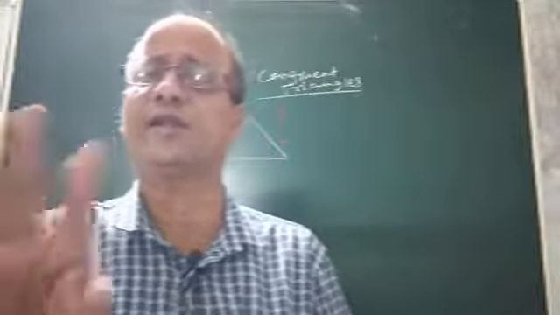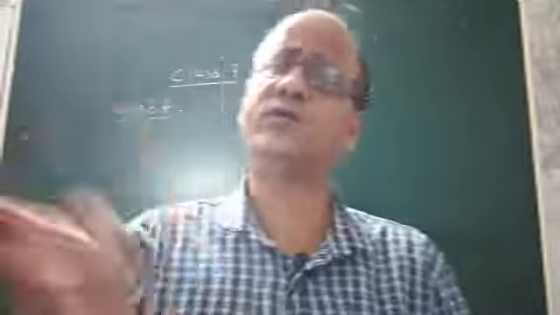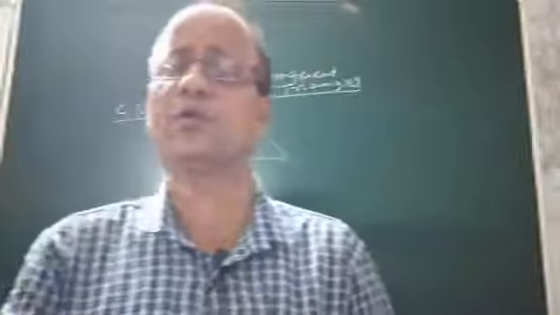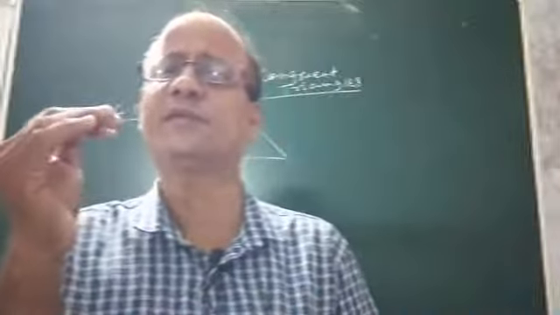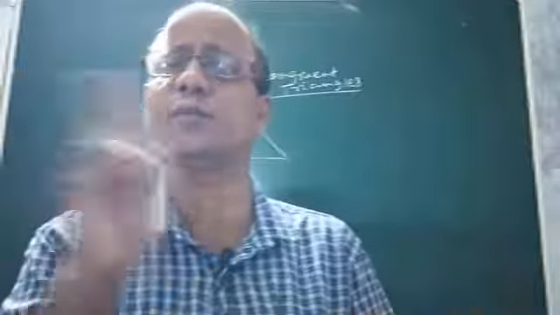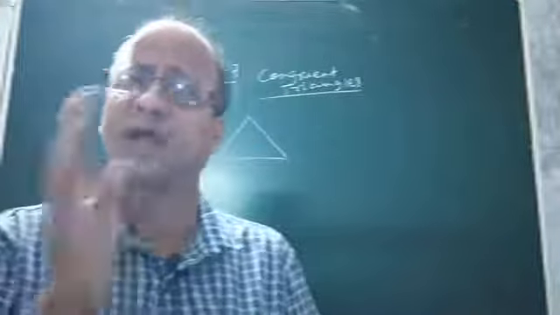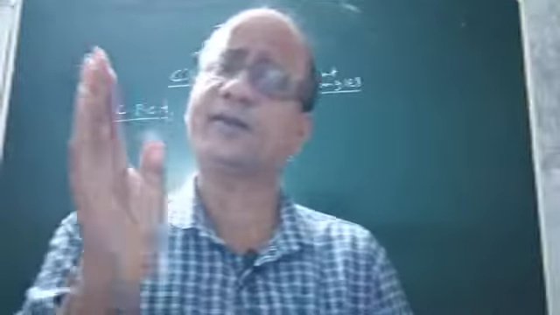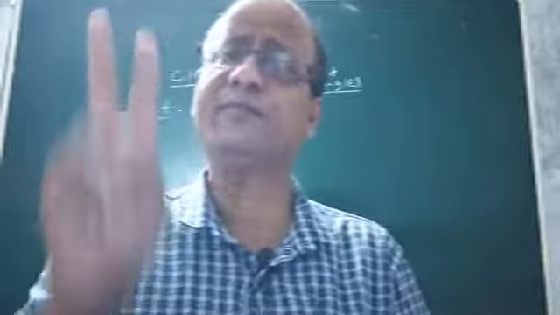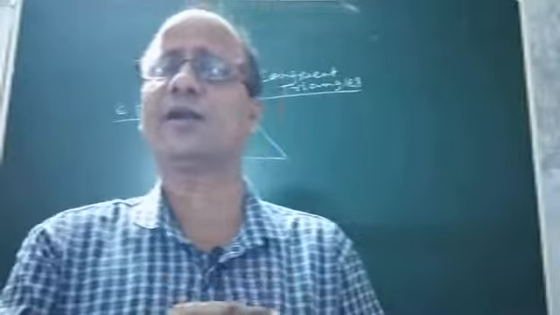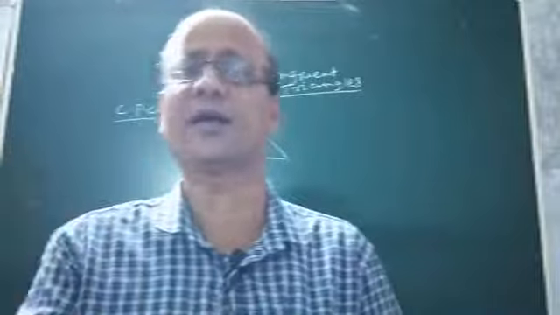These are the four criteria by which we can decide two triangles to be congruent, apart from the sufficient condition. What is the sufficient condition? If two triangles are congruent, they have the same size. No doubt they should have the same shape, but in order to have the same size, their corresponding sides and corresponding angles must be equal.